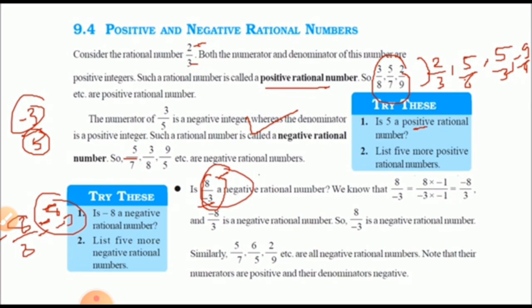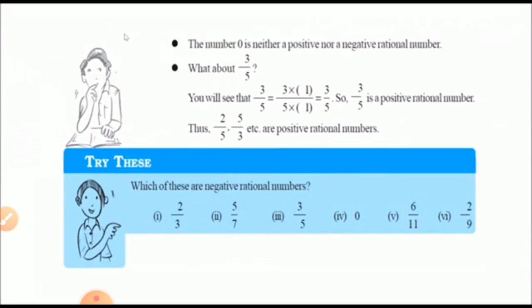Then we get minus 8 upon 3, because minus 3 into minus 1 will give us 3. A negative number multiplied by a negative number gives a positive number. Vice versa, a positive number multiplied by a negative number will give you a negative number.